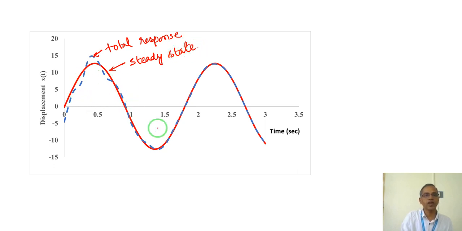Within half a cycle, the total response is nothing but the steady state response. That is why we have neglected the transient response. The response goes along the steady state with a little transient here, but finally only the steady state response is governing. So that's why we can neglect the transient part.